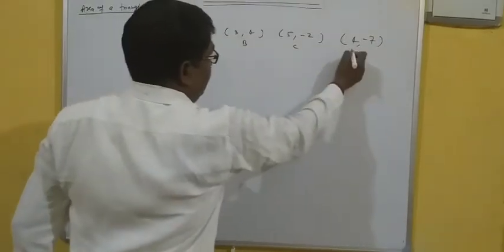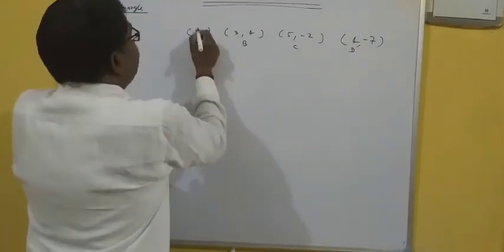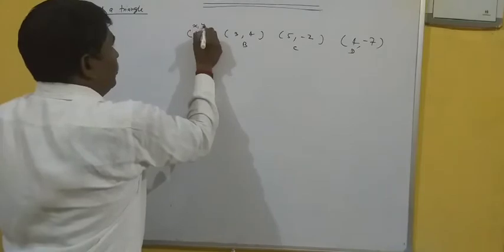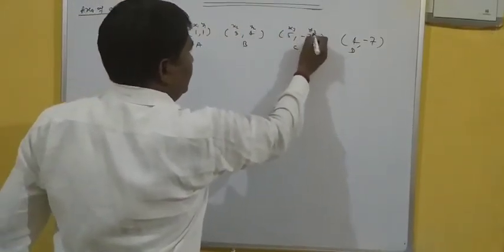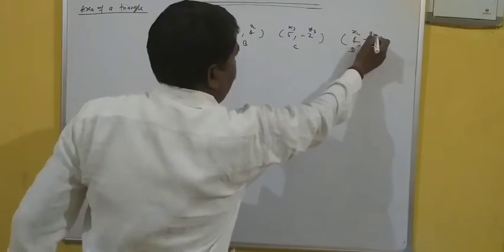So these all are vertices of a quadrilateral. Let A, B, C and D. So taking it as x1, y1, x2, y2, x3, y3 and x4, y4.